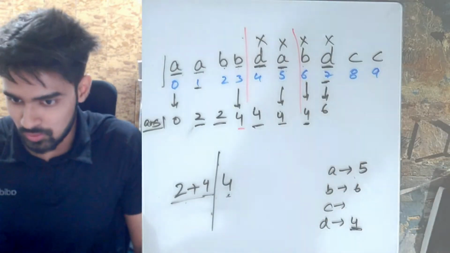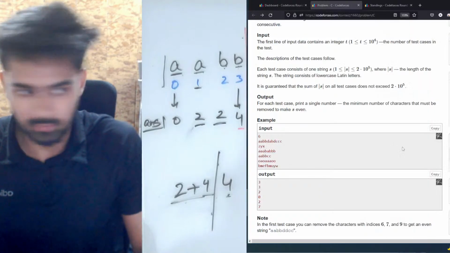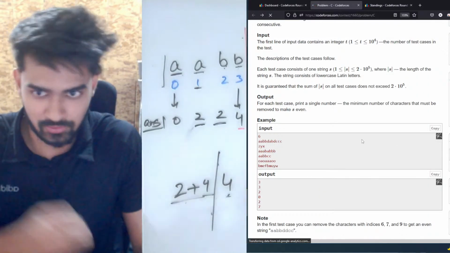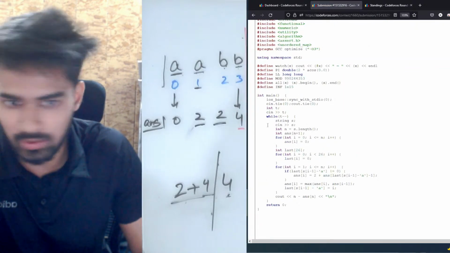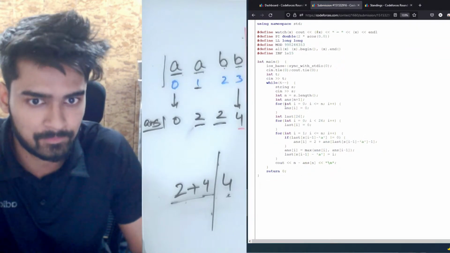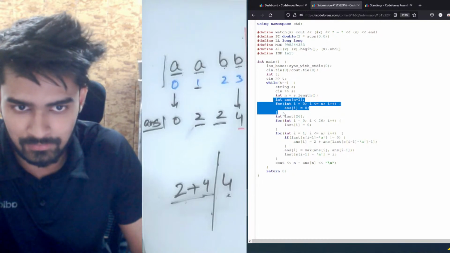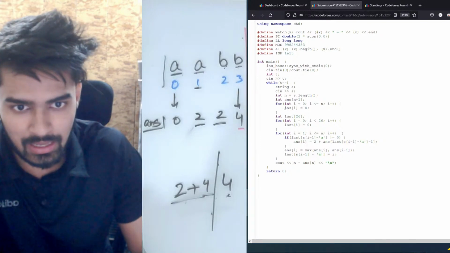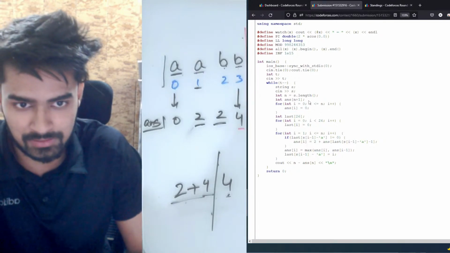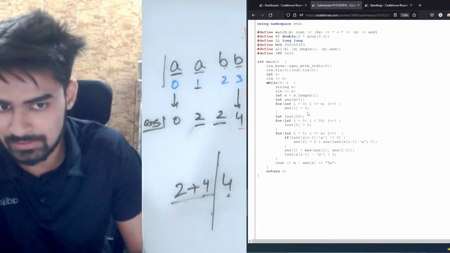Now, let me show my code very quickly to make you understand what I'm actually doing. First I made an answer array till n plus 1, so basically I'm keeping one-based indexing. Everything is initially 0.